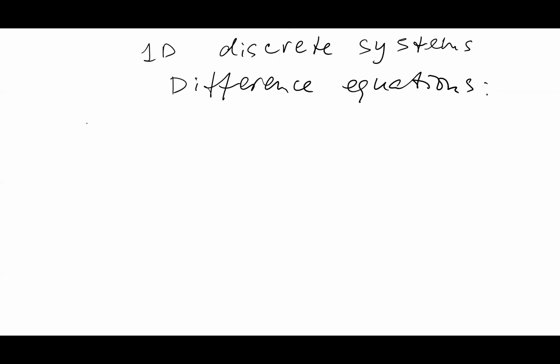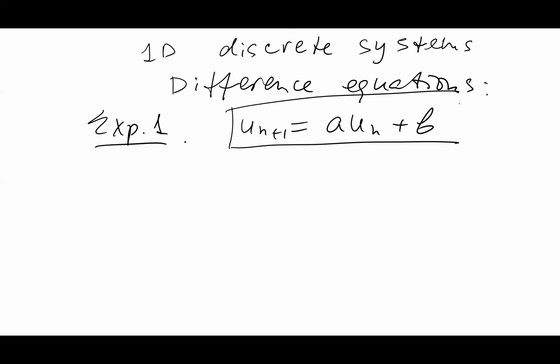In example 1, which we considered last time, it looked like this: u_{n+1} = a u_n + b. This was our example we considered in lecture 2. And this is a difference equation, a so-called linear difference equation.